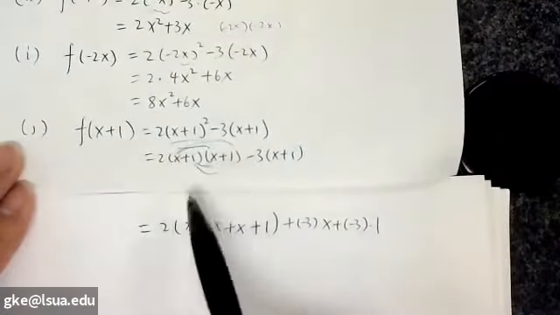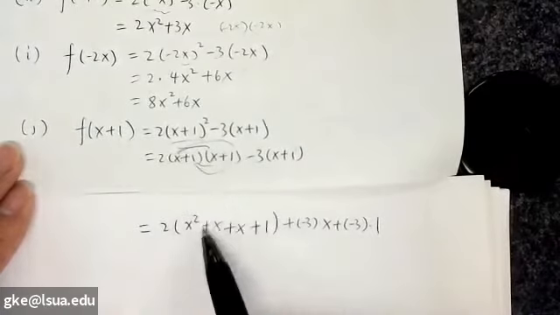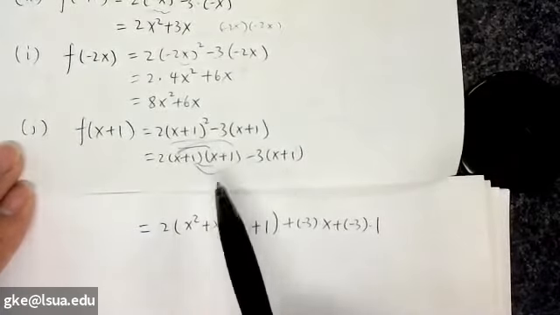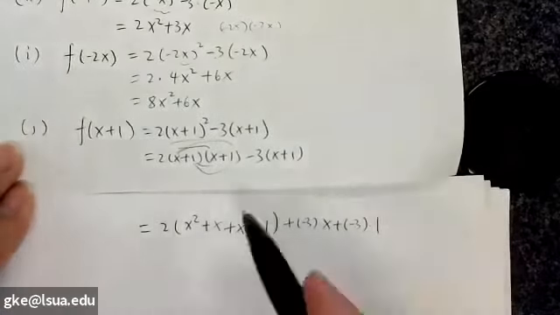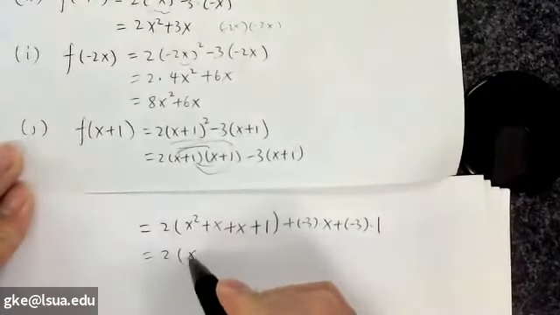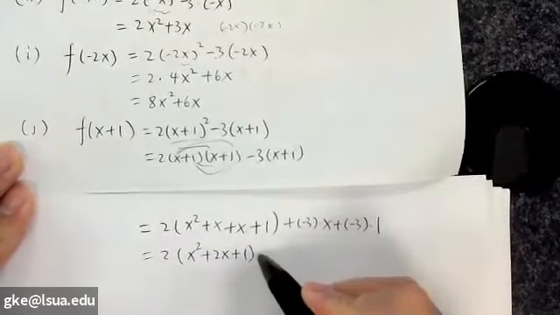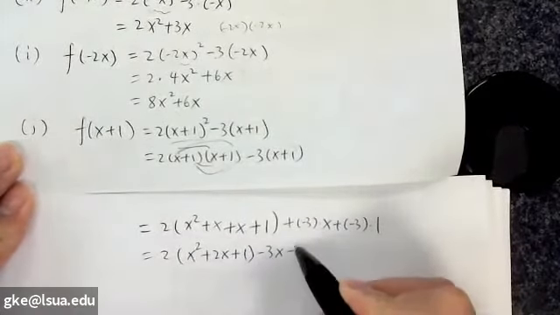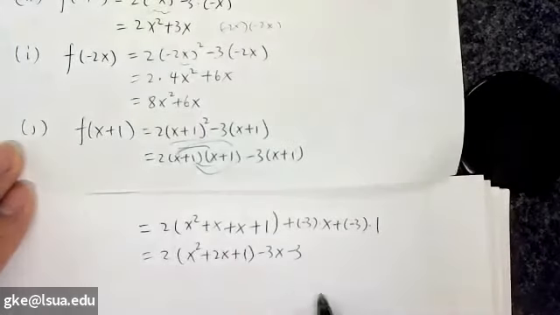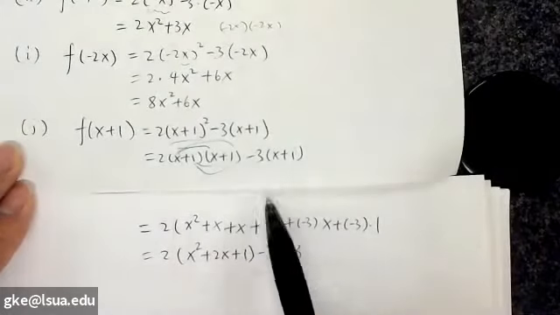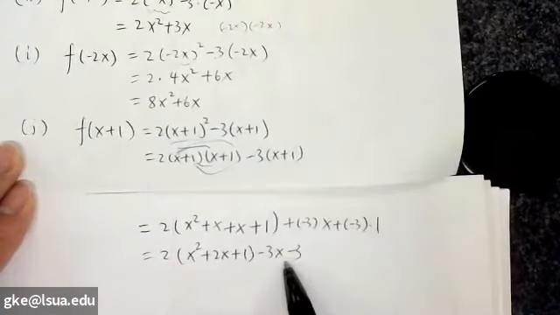Here is x times x, x squared. x times 1 is x. 1 times x is x. 1 times 1 is 1. Okay. Negative 3 times x, negative 3x. Negative 3 times 1 is negative 3.